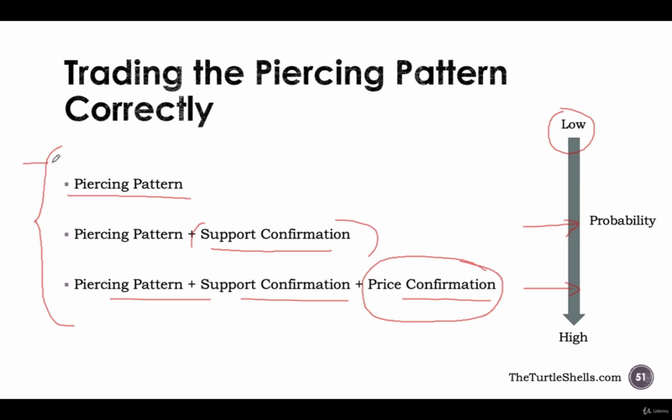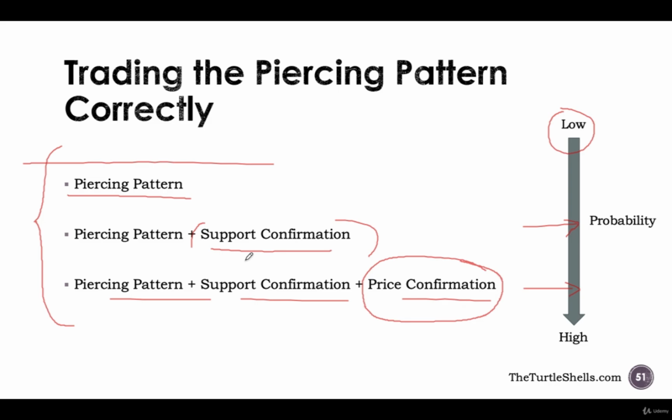Now, there are many professional traders who combine the piercing pattern with other Western indicators like support, resistance, trend lines, moving averages, Bollinger Bands, stochastics, RSI, and whatnot. But this is the most basic way of looking at a piercing pattern simply from the point of view of price action.